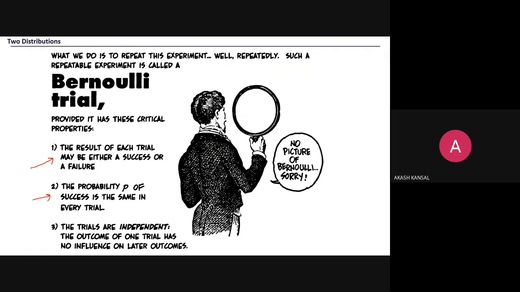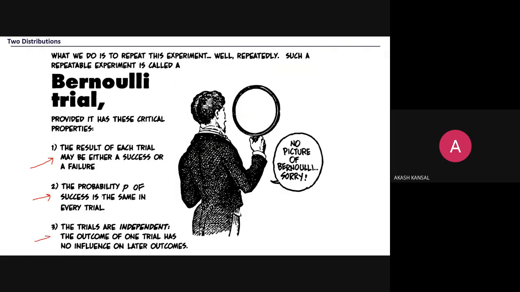If we talk about the coin toss example, the probability of getting a head is the same in every coin toss. In the first coin toss, you have a probability of 0.5 of getting a head, and in the 1,000th coin toss, the probability of getting a head is going to be 0.5 only, it won't change. So this is the second property of the Bernoulli trial.